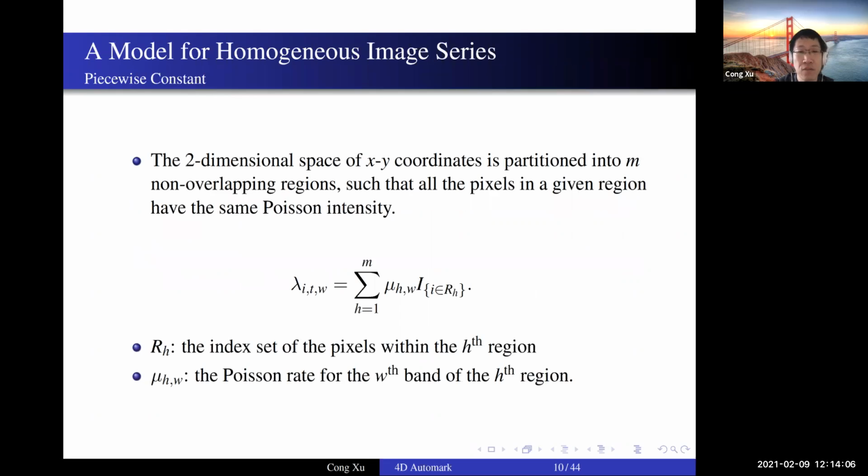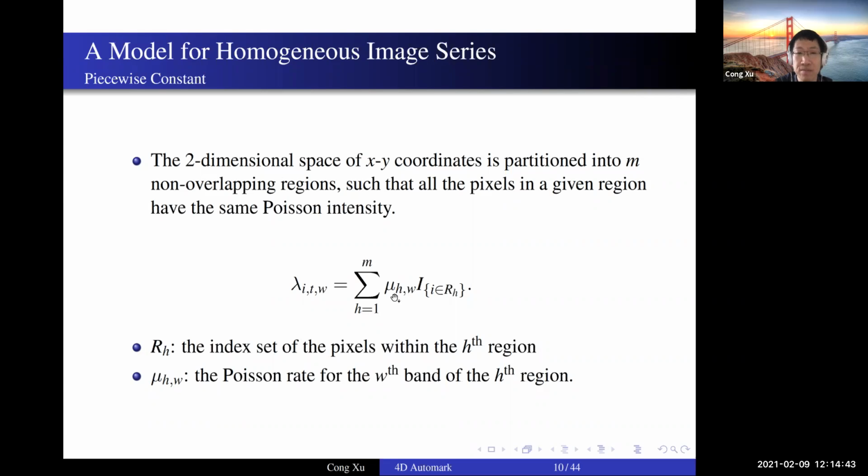Okay, so we can write it in a rigorous way. The lambda ITW can be written in this format. The idea is that we can partition this two-dimensional space into m non-overlapping regions, h from 1 to m. So there are m regions. They do not overlap with each other, and all of them compose a partition of the whole two-dimensional space of xy coordinates.